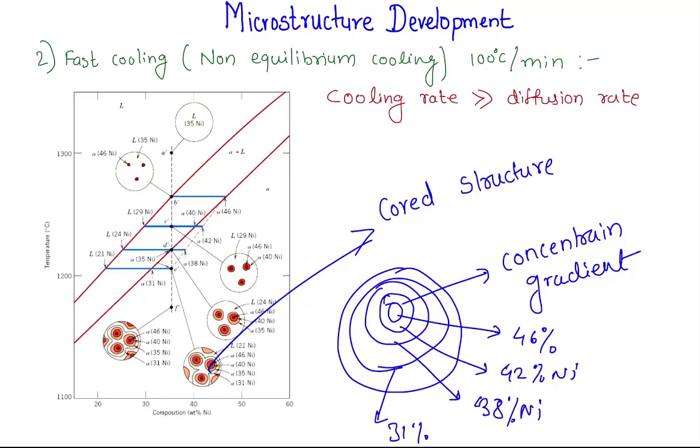In that process, the cooling rate is very high compared to the diffusion rate, so atoms will not get sufficient time for diffusion, and whichever gets solidified first, that concentration will not change at a later stage. So first will solidify, then the outer layer will have another concentration, then the third layer will have another concentration, like that. So you will see it one by one.